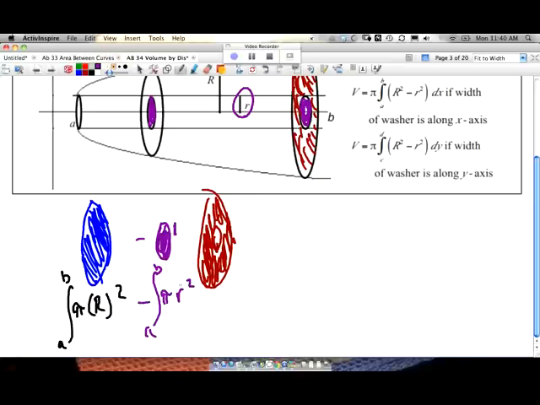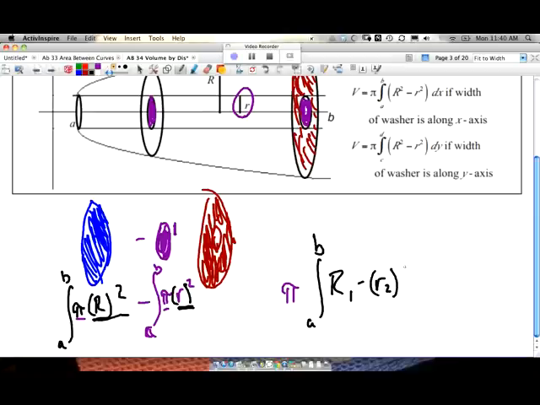Now the cool thing about this is that we can combine things a little bit and we can actually simplify. In fact, it's almost like factoring. They both have pi in common, so we'll pull that out. And then we have the a and b in common, so we'll still go from a to b for both of them. And then it's just the difference, big R squared minus little r squared. We'll call it like R1 minus R2.